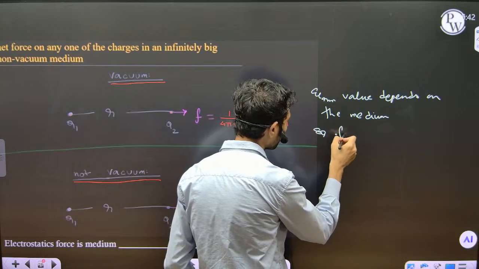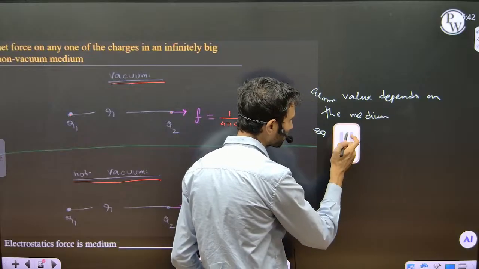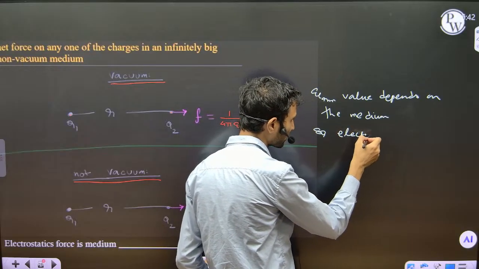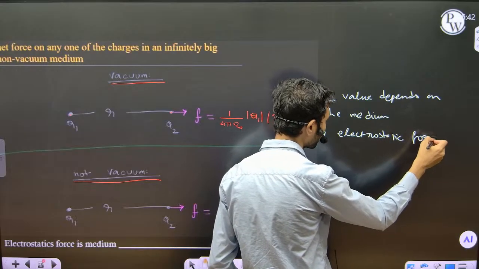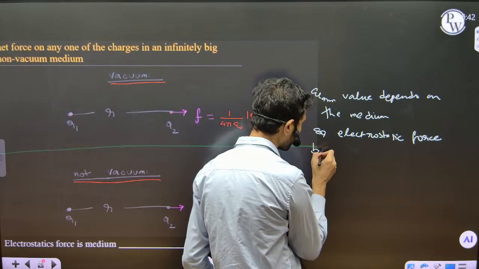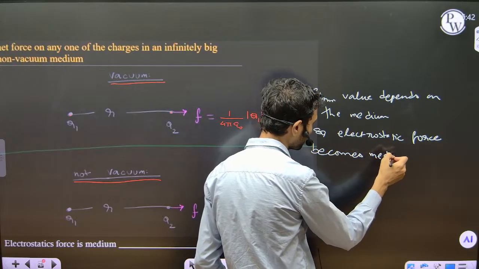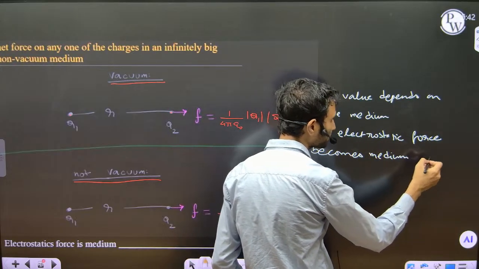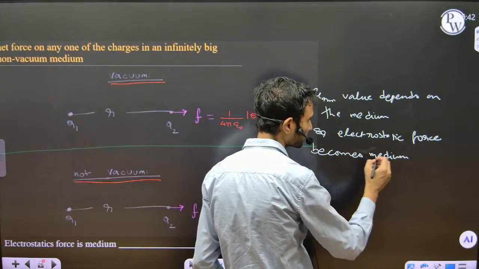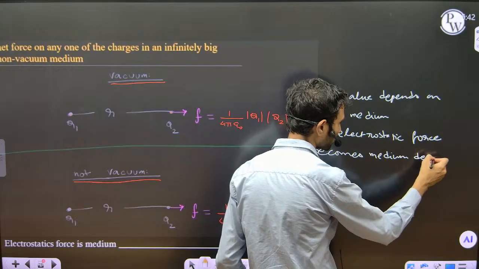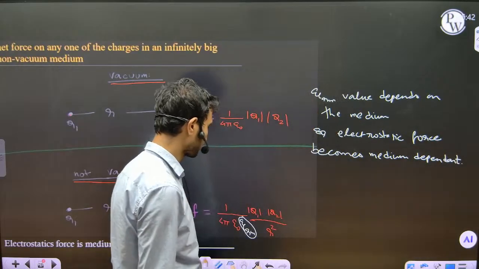So the force, which force exactly are we talking about? Electrostatic force. It becomes medium dependent or independent? It becomes medium dependent.